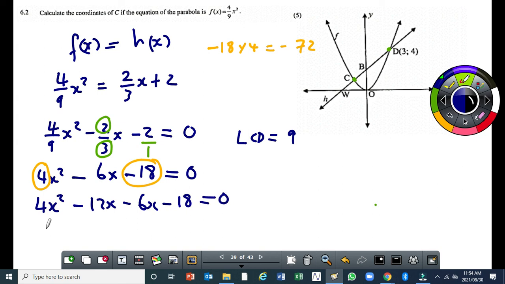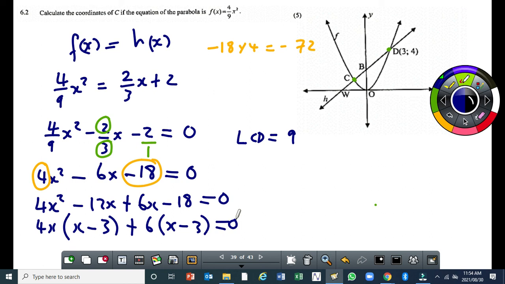And then you get 4x times x minus 3, plus 6 times x minus 3 equals 0.